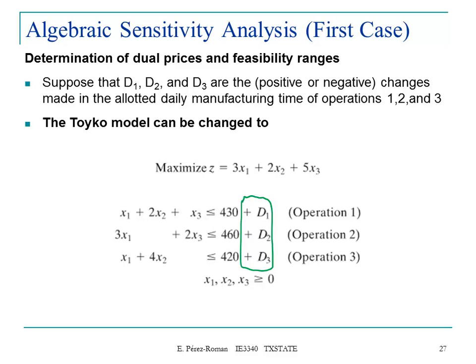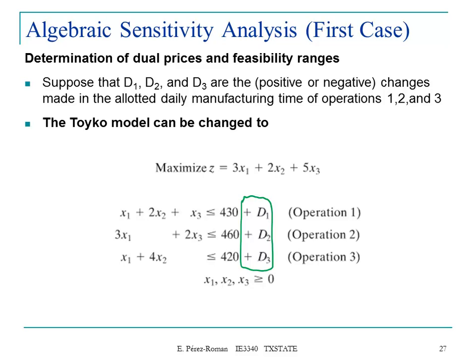So then we transition to determine the dual prices and the feasibility range for the right-hand side. And what I explained on Thursday was that you can add these 3 variables to the right-hand side of your constraint and use those variables to determine the dual prices.